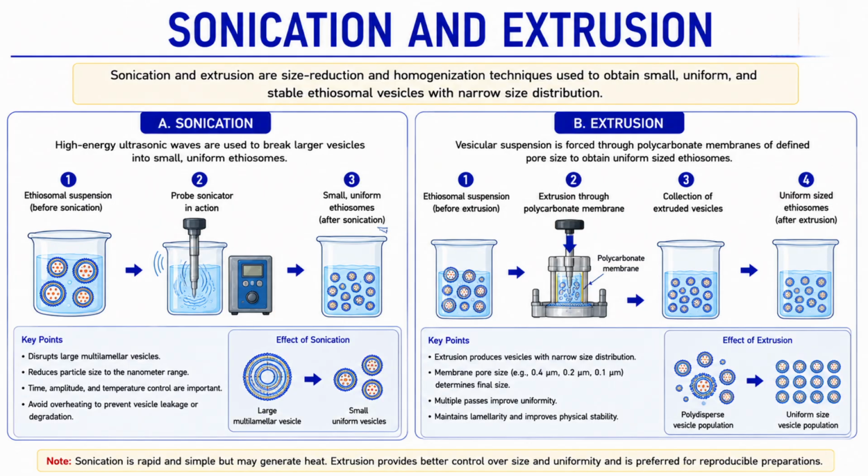Extrusion can improve the size uniformity and produce a narrow particle size distribution here. However, excessive mechanical energy can potentially affect the vesicle integrity here. Therefore, the processing conditions must be optimized rather than maximized.